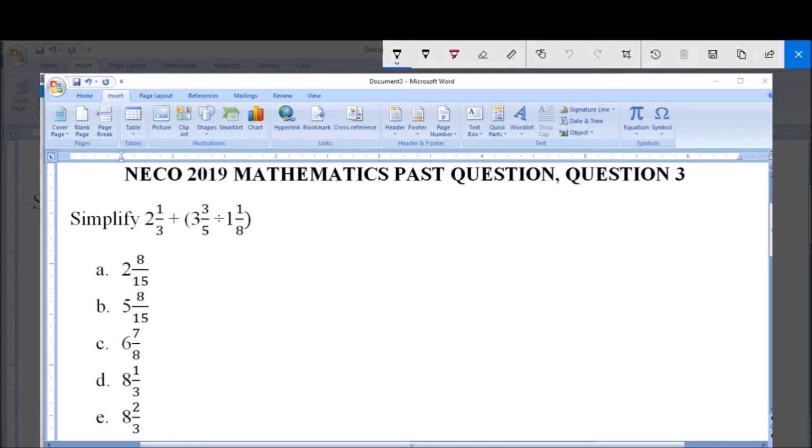So we are asked to simplify 2 whole number 1 over 3 plus, in brackets, 3 whole number 3 over 5 divided by 1 whole number 1 over 8. Now we have a positive sign before the brackets and a division sign in the brackets. But first of all, let's deal with the brackets.